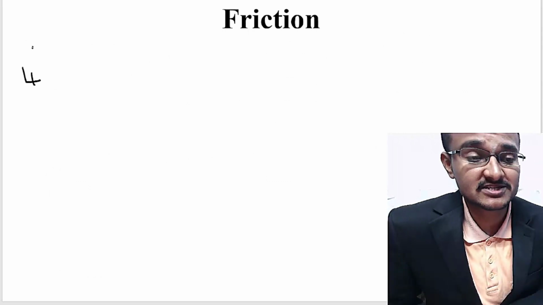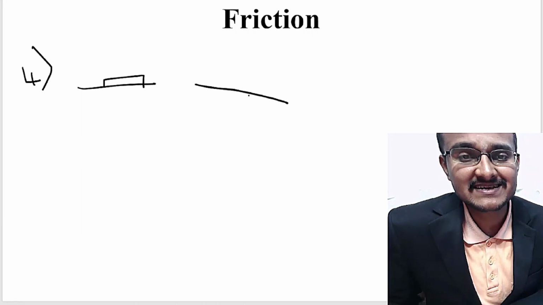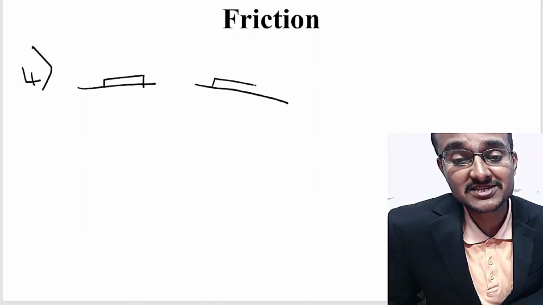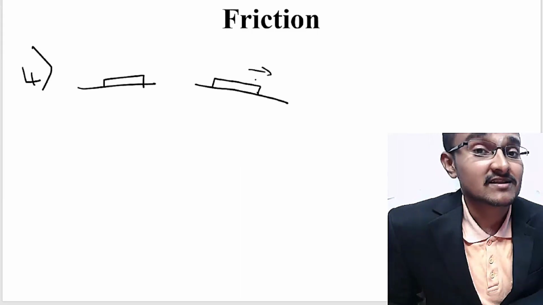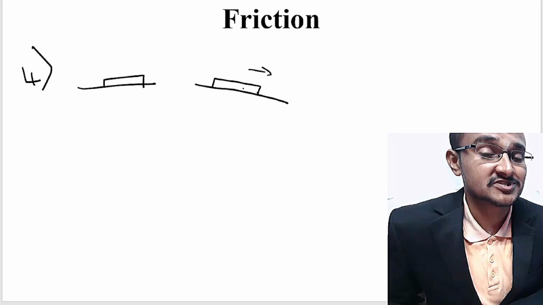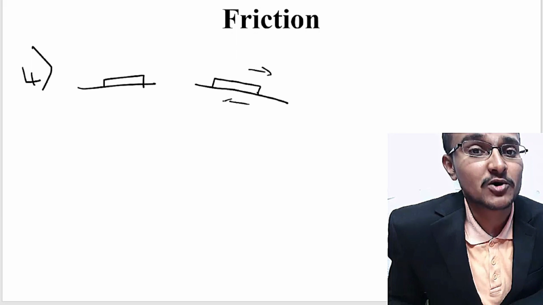Coming to the fourth question in this exercise, if you keep a book on a table and if this table is slightly slanted and if this book starts sliding on this table, then we have to tell in which direction the frictional force is applied. The frictional force restricts the sliding motion of this object.